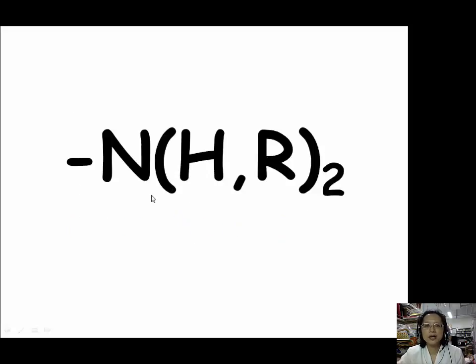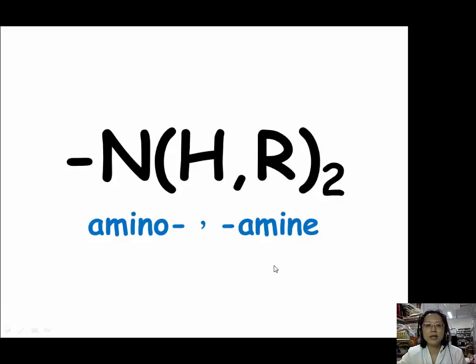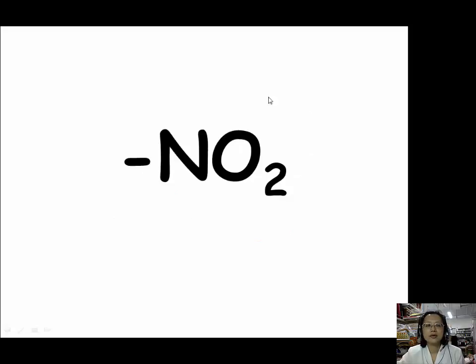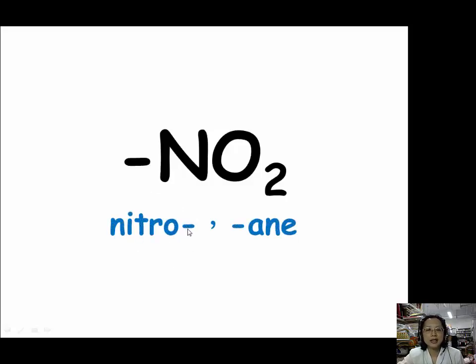For the amino group, we can use the prefix amino or the suffix amine. For the NO2 functional group, we have the prefix nitro and the suffix ane to use.